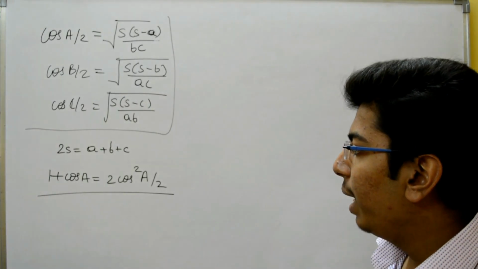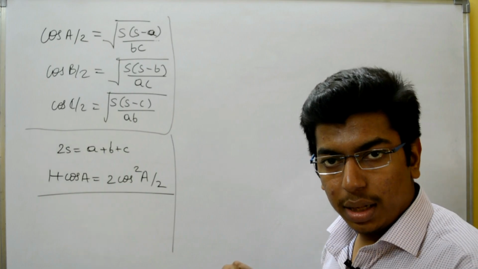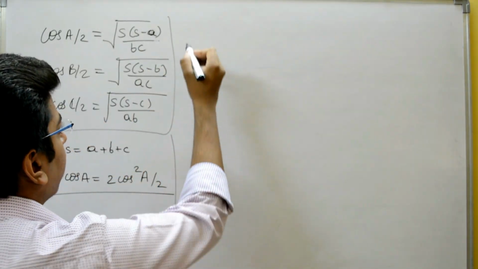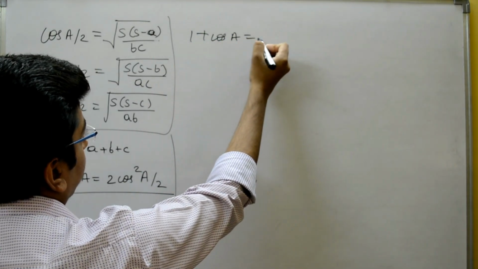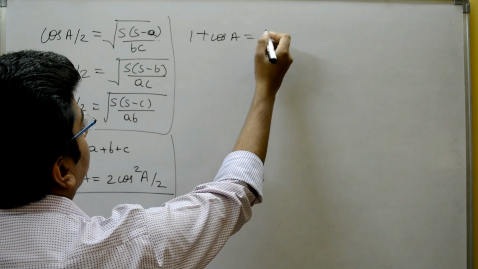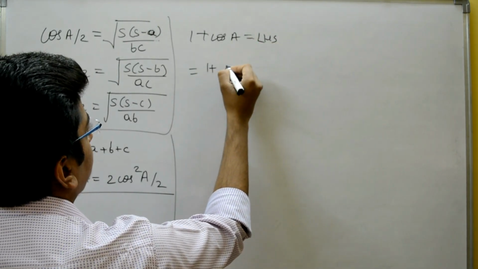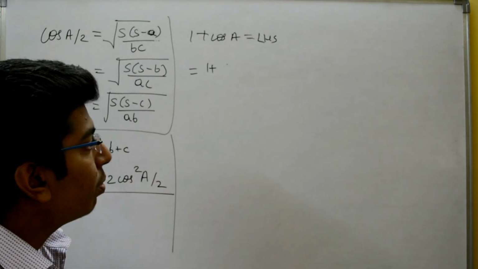So just replace, consider left hand side. Okay, 1 plus cos a is equal to LHS. So 1 plus cos a का फॉर्मूला क्या है? What is the formula for the cos a?